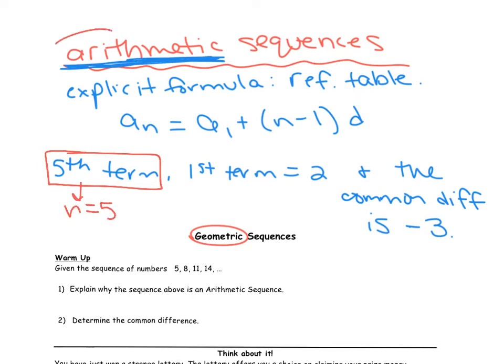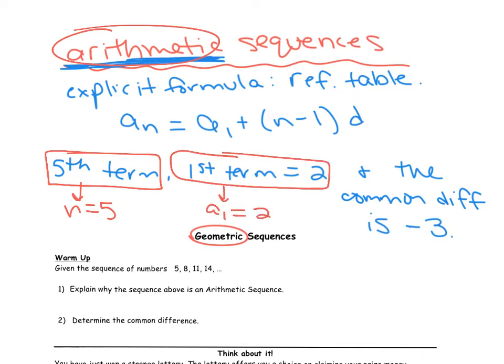Again, this is all from the arithmetic sequence, a little bit of a throwback from way earlier in the year. Given the first term is 2, I know a sub 1 is 2, and the common difference is negative 3, so d is negative 3. So we would just plug in, and I'll write that here below in black.